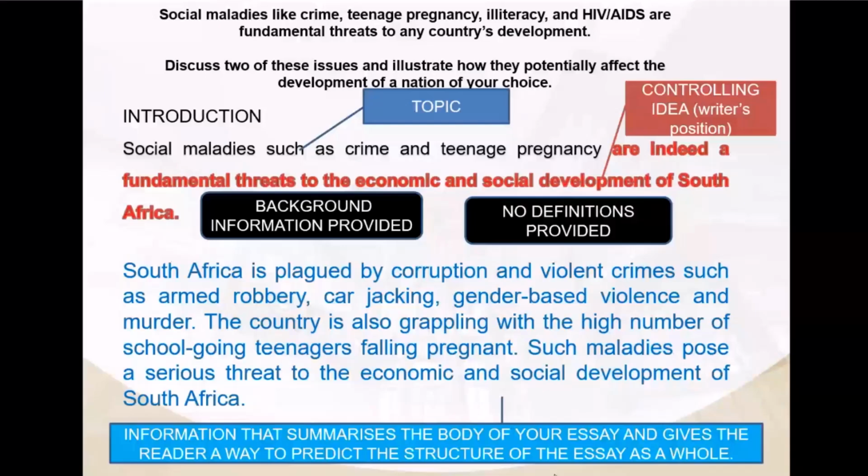Remember when we were talking about the points to include in the introduction and the sequencing of those, I said that you begin with the thesis statement. Then you can provide background information if you do have it.